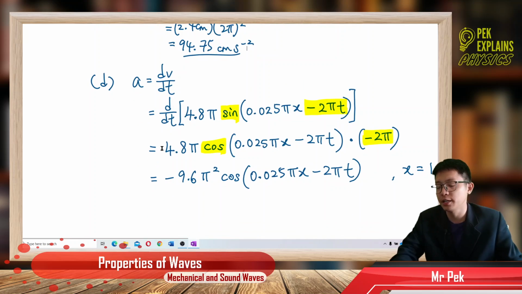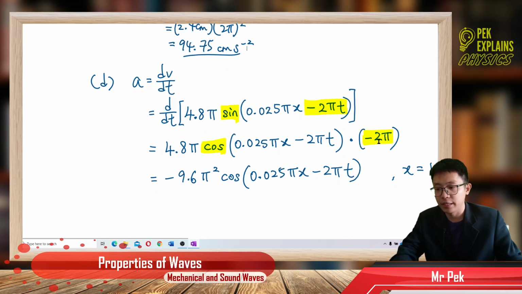First of all, 4.8 pi remains. Differentiate sine, get cos, and the rest you copy. Then differentiate inside, you take out the negative 2 pi. Remember the negative, don't leave it behind.